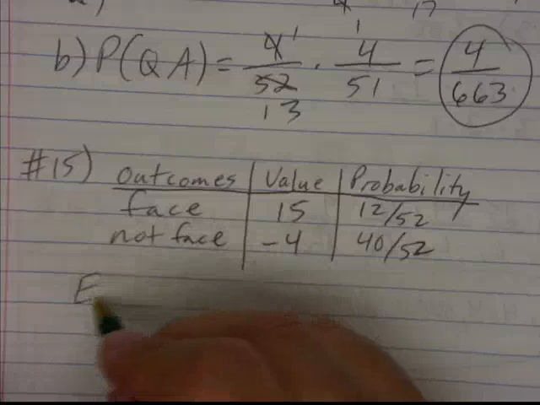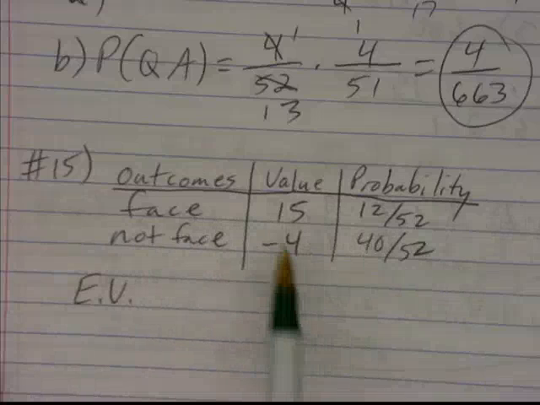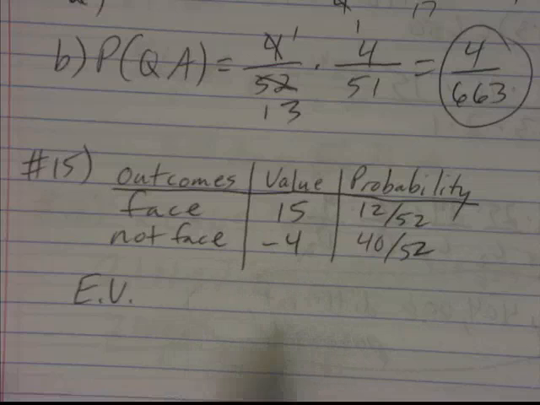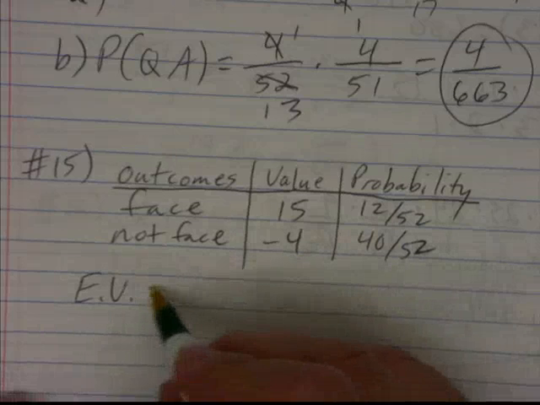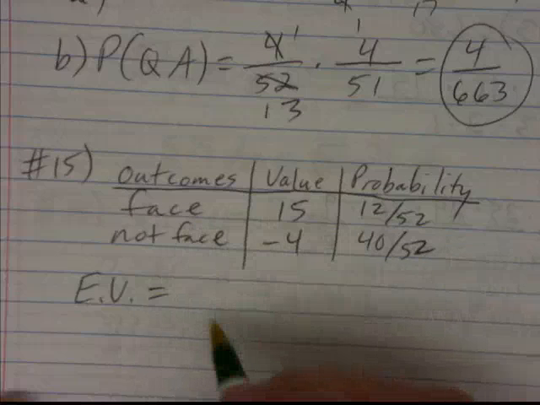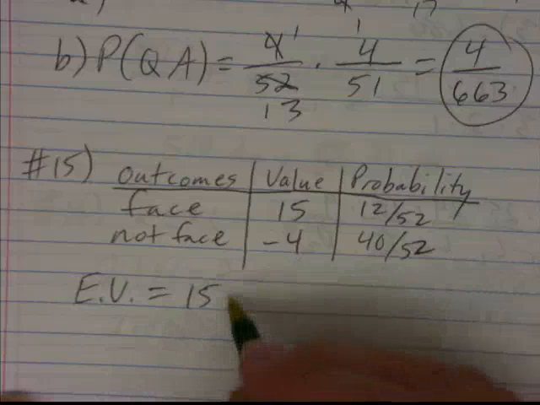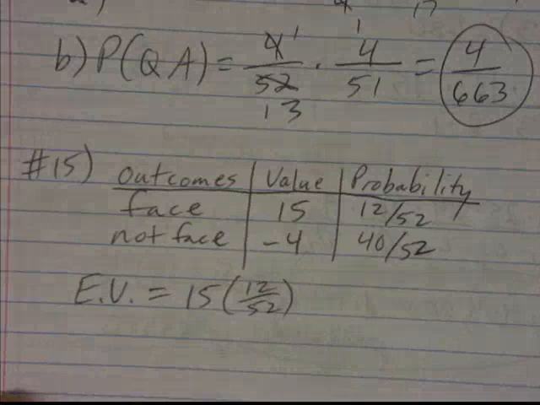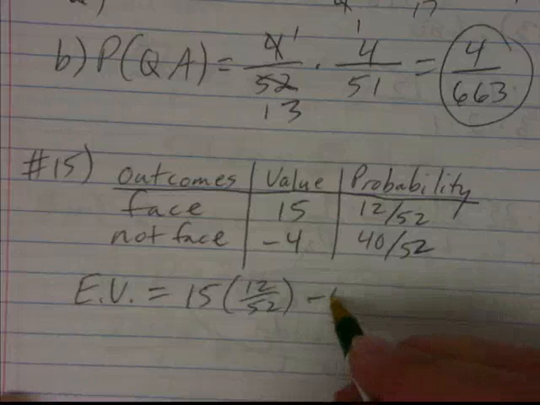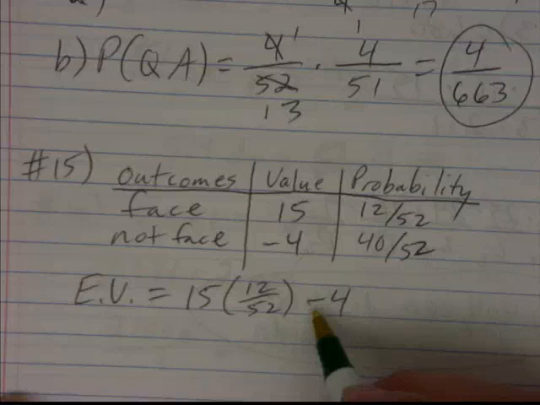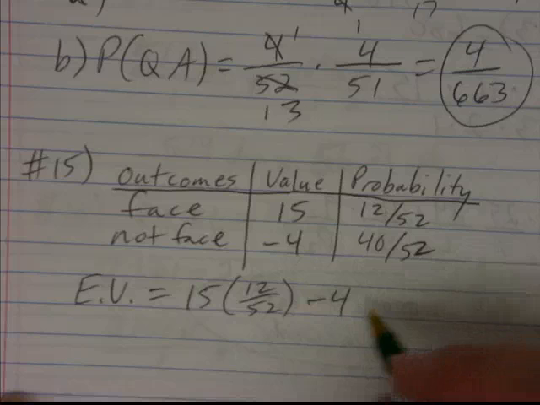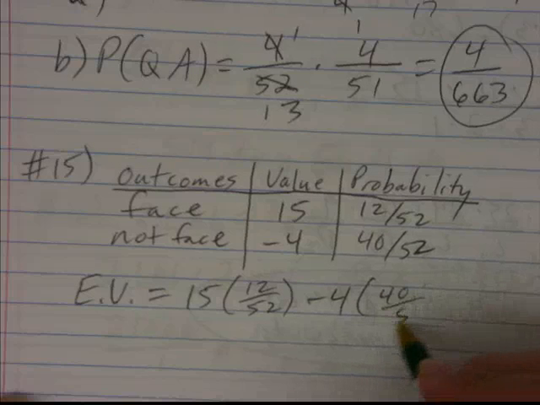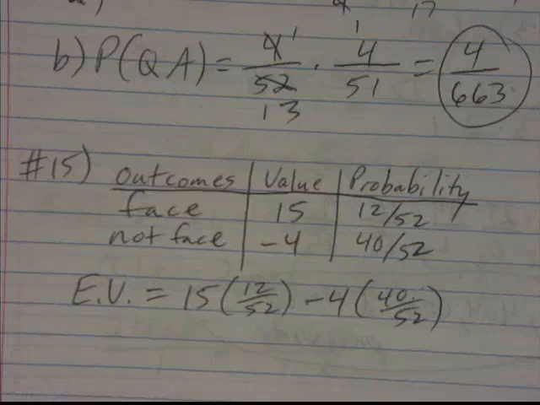And then our expected value is going to take each of these outcomes, multiply the value of that outcome times the probability of that outcome, and then add those together. So the expected value would be, we take the faces, value of a face is $15, times the probability, 12 52s, minus 4, we're going to add, but it's a minus 4, times the probability, which is 40 52s.